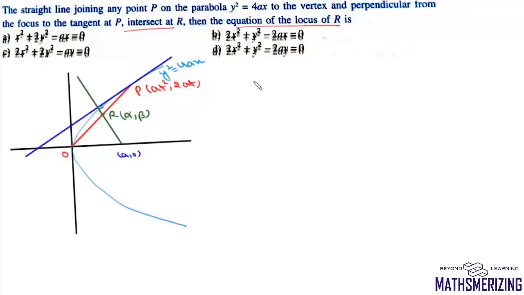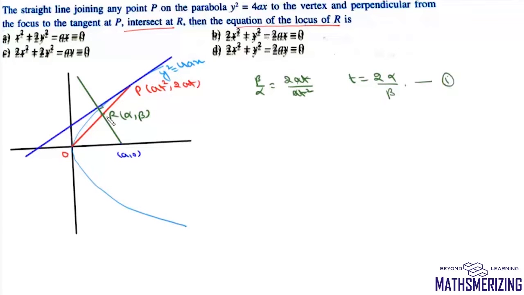So that means beta upon alpha, that is slope of OR, must be same as slope of OP, which is 2at upon at square. So here a and a will cancel, t will also cancel. So we'll get t equals 2 alpha upon beta. So that's my first relationship.